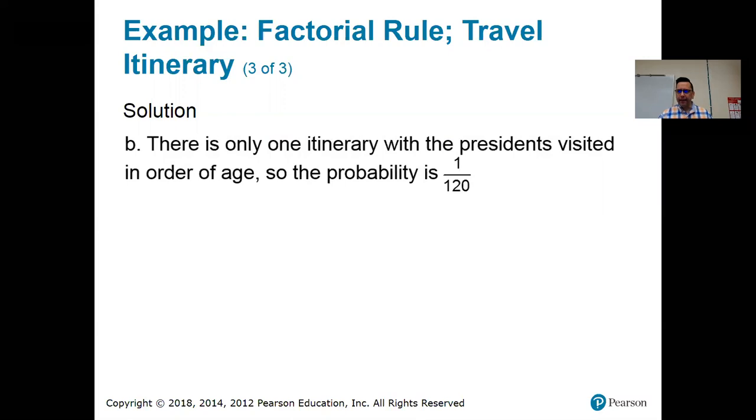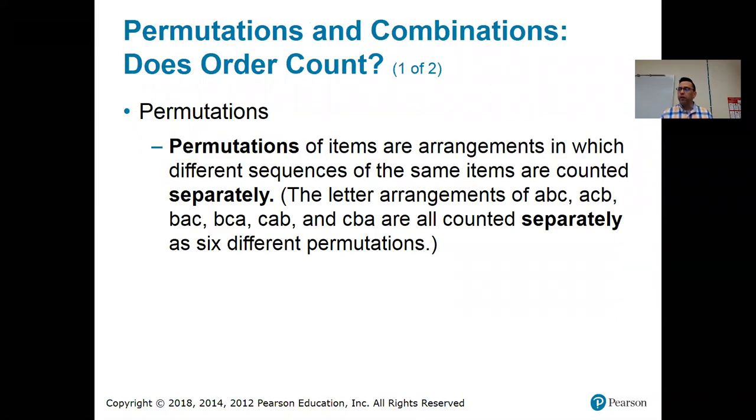All right. The next thing is permutations. Permutations of items are arrangements in which different sequences of the same items are counted separately. I have a couple of unofficial examples that I think will help you understand the difference between that and the other thing we're going to talk about.